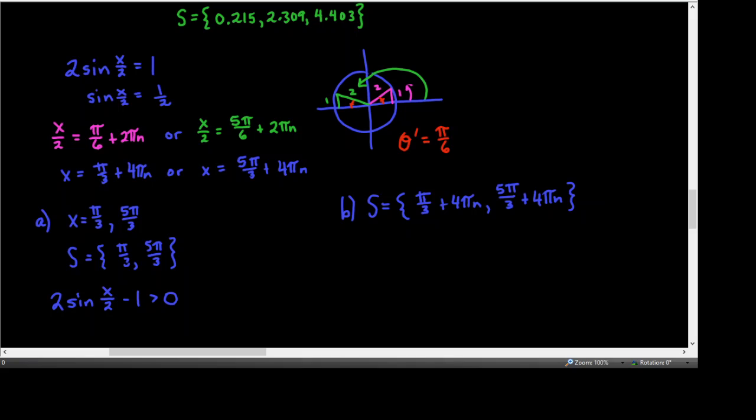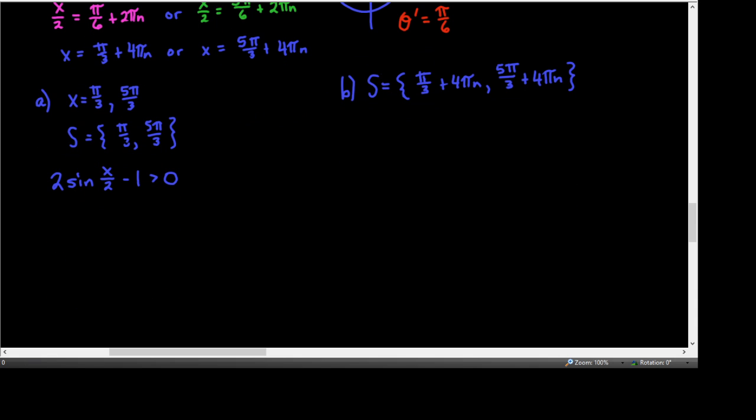So we're talking about the same idea as the one we just did. So recall, if I started with the inequality, I would then go and find where it's equal to, and this is from 0 to 2 pi, so we'd end up with pi over 3 and 5 pi over 3 as our numbers to put on our number line analysis. So let's go ahead and do that. Pi over 3 and 5 pi over 3.